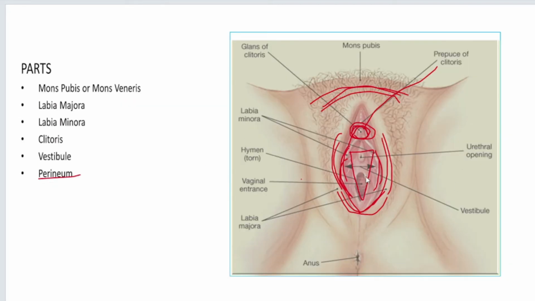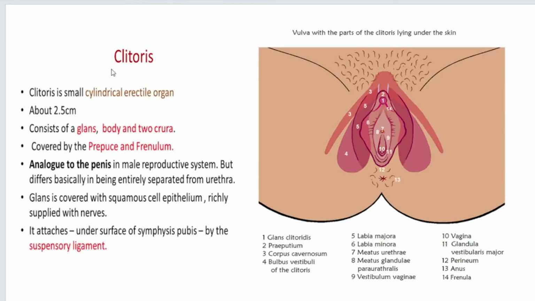Posteriorly, these two labia minora layers fuse and form the fourchette. So this is the fourchette. The labia majora layers form the posterior commissure. The fossa between the fourchette and the posterior commissure is known as the fossa navicularis. Please remember the fossa navicularis.